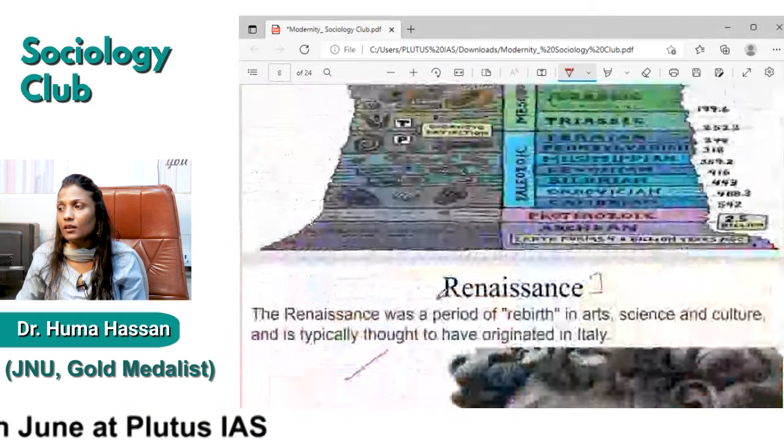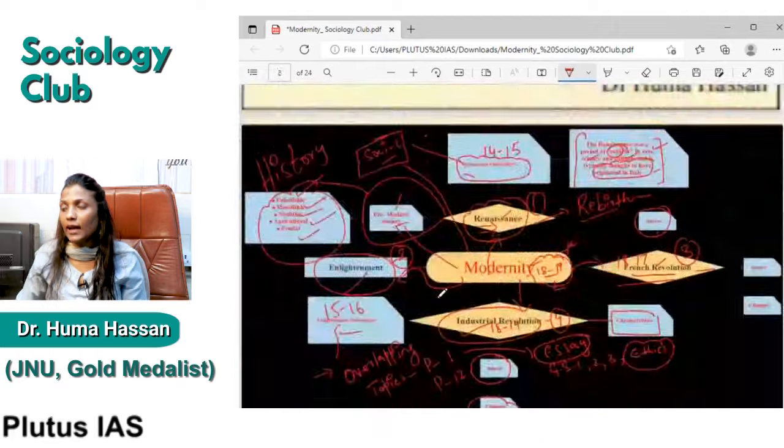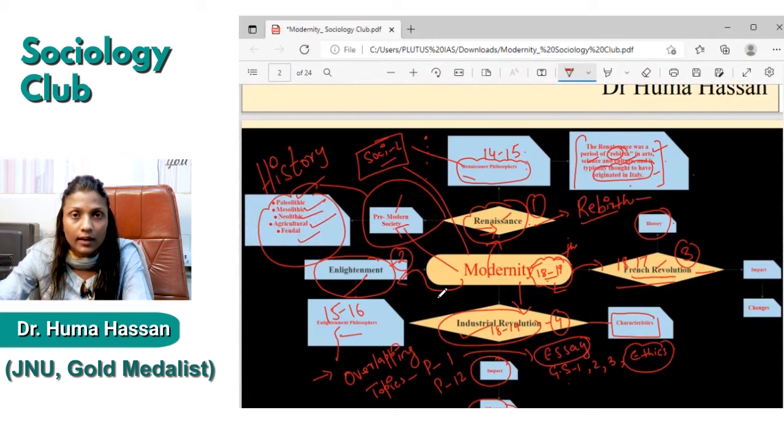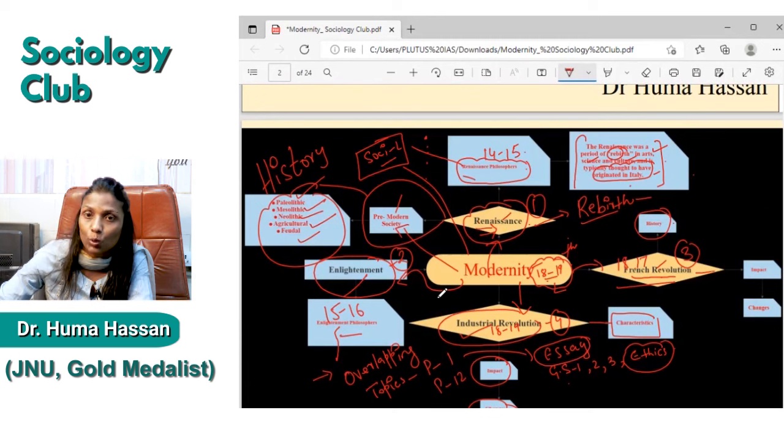So this is actually the gist of topic 1. One part here I have just discussed, that is modernity. To have a complete understanding of modernity, you must know Enlightenment, Renaissance, Industrial Revolution and French Revolution.